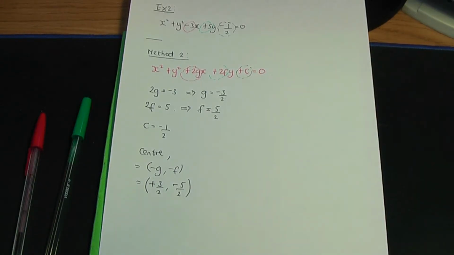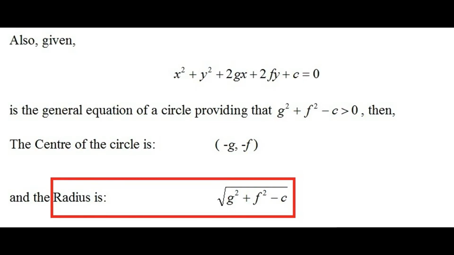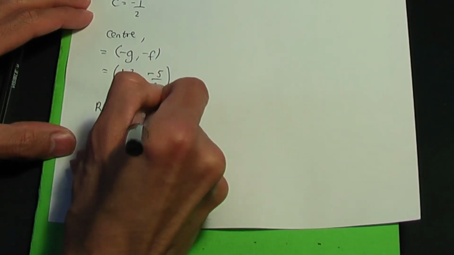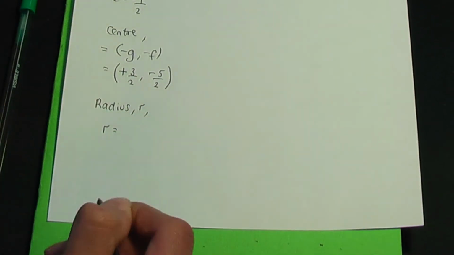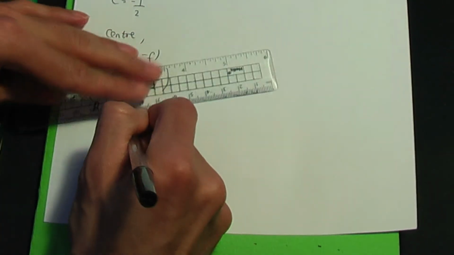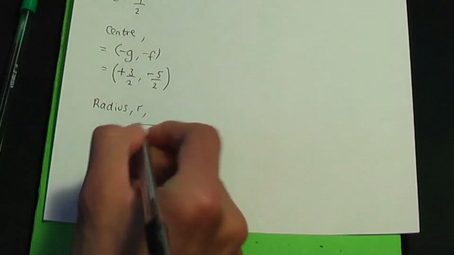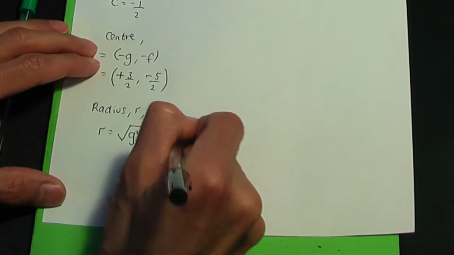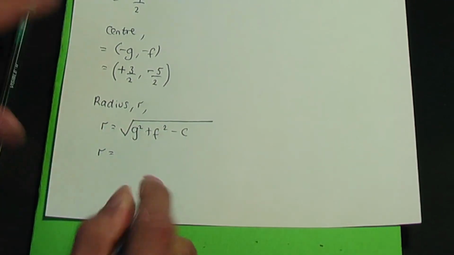Now for the radius, remember the radius is the square root of g squared plus f squared minus c. So let's work out the radius r.